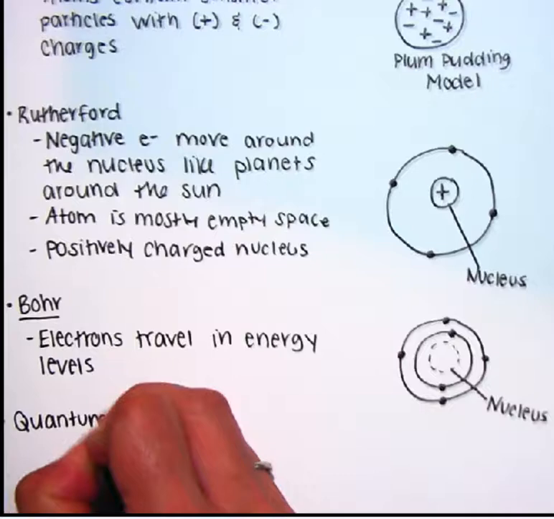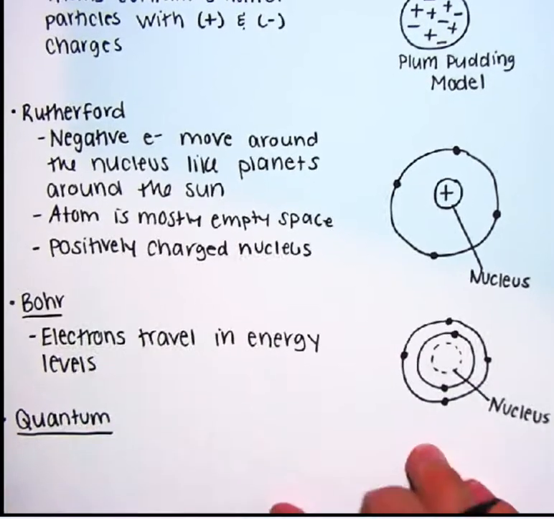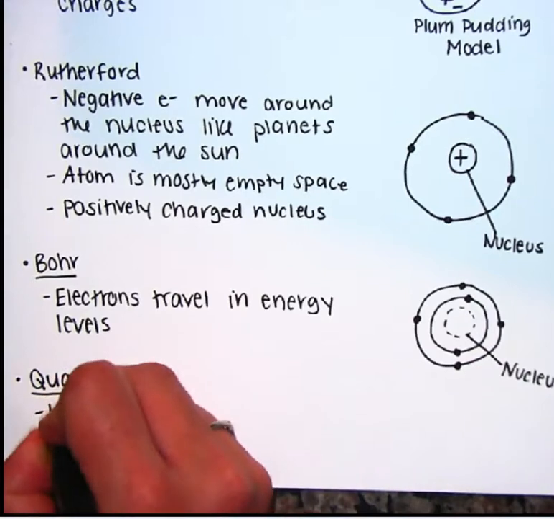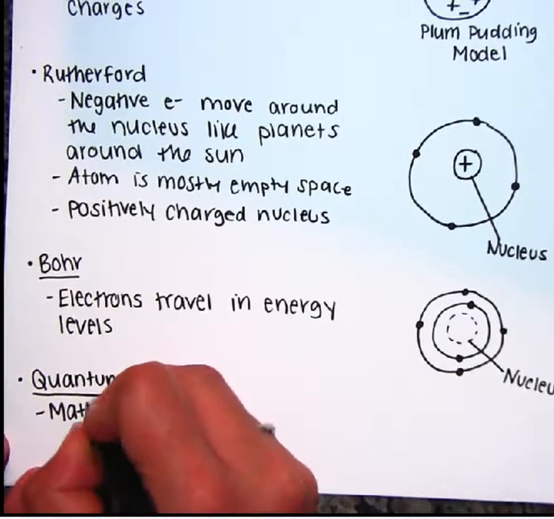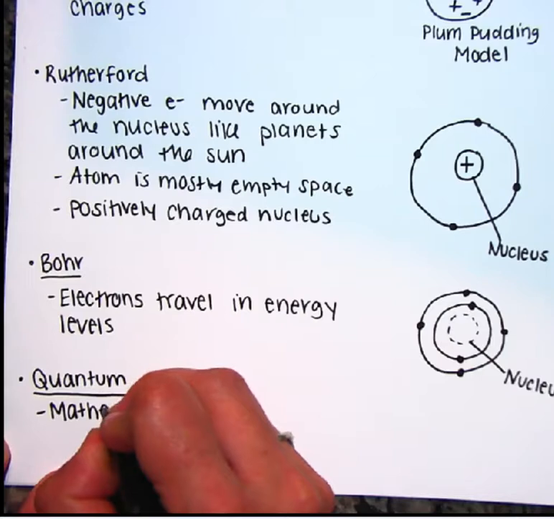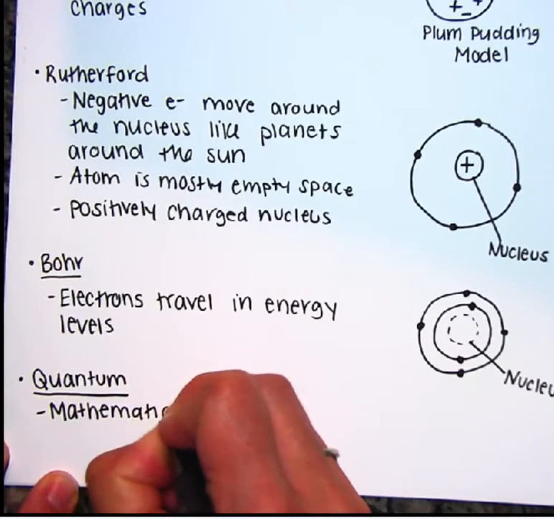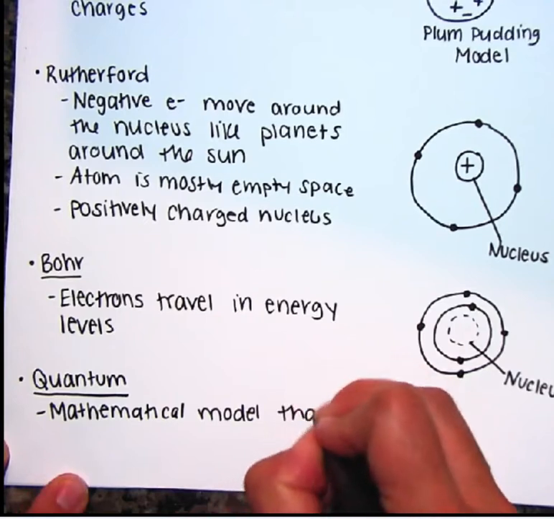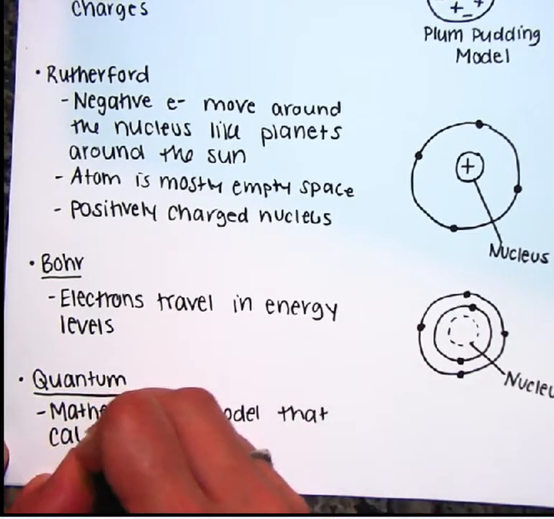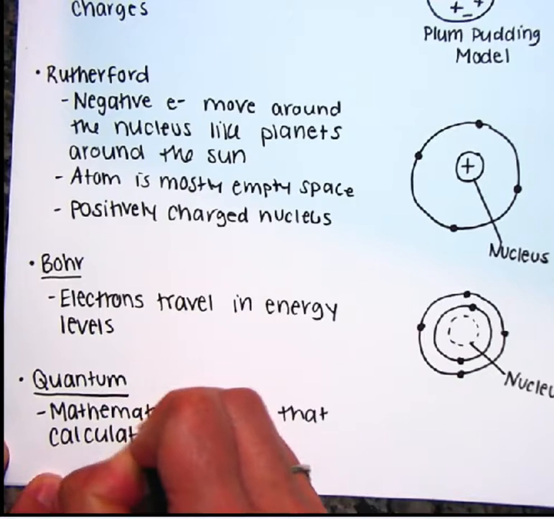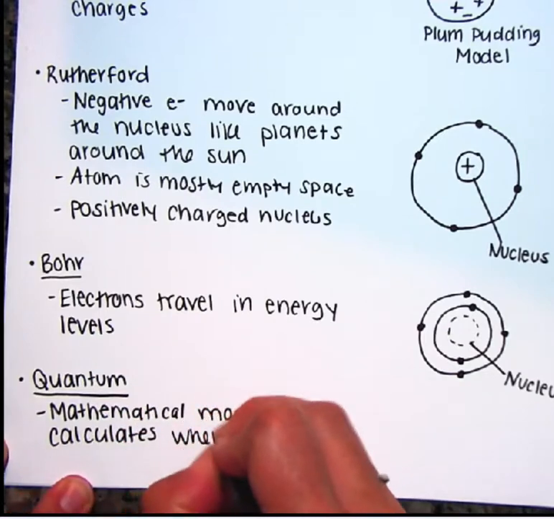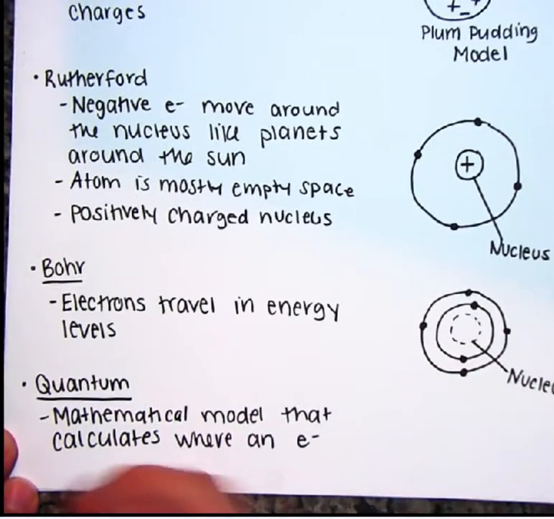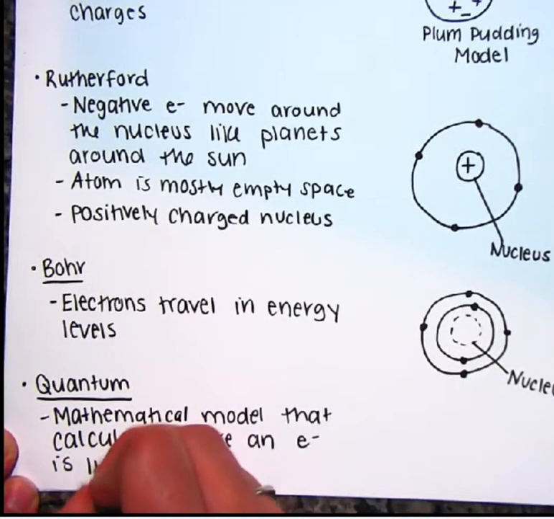The most accurate representation, our current representation of the model, is what we call the quantum model. This is a mathematical model that calculates where an electron is likely to be found.